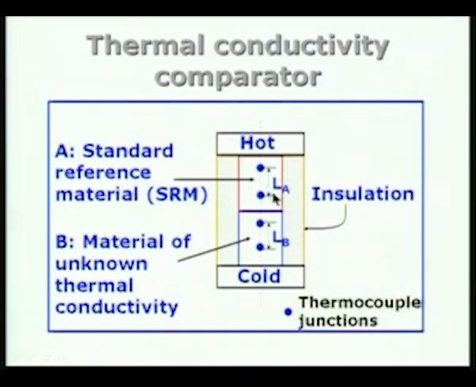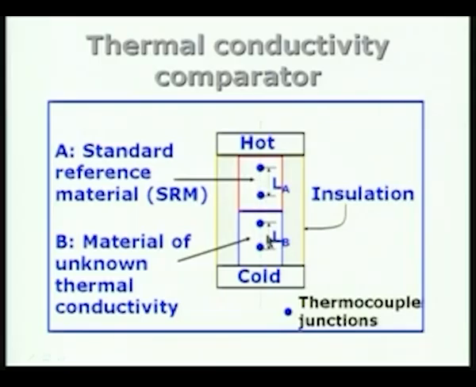If you can maintain a small difference in temperature between the sample and reference material and the walls of the vacuum chamber, the heat loss from the lateral direction can be reduced to a significant extent, and therefore, whatever heat transfer takes place through the SRM also takes place through this.